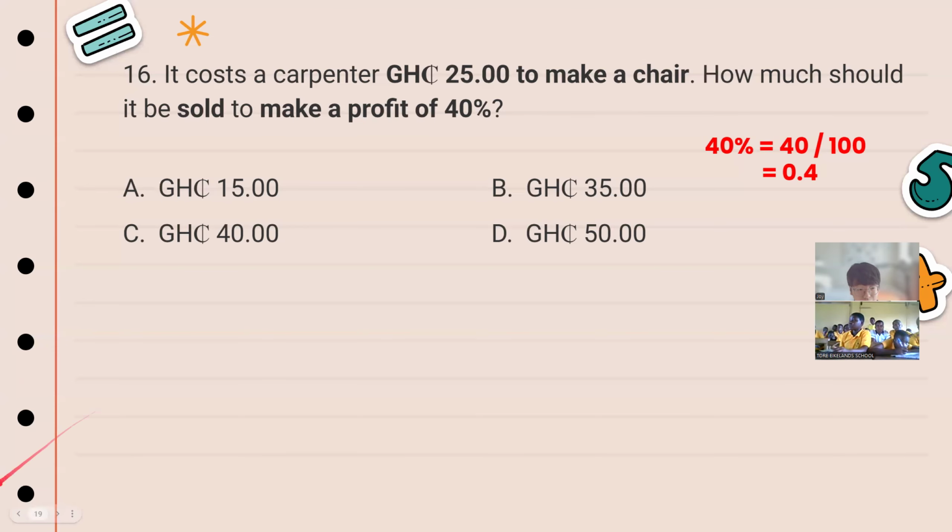Let's try to solve this together. It says to make a profit of 40%. That is, we need to make 40% more than 25. So what is 25 times 40%? It says 40%, 40 over 100.